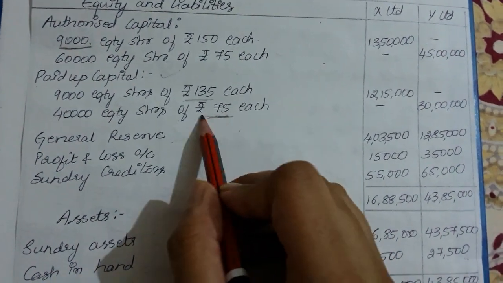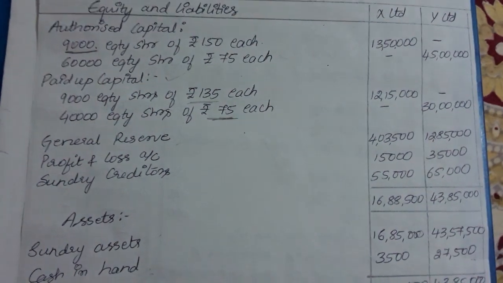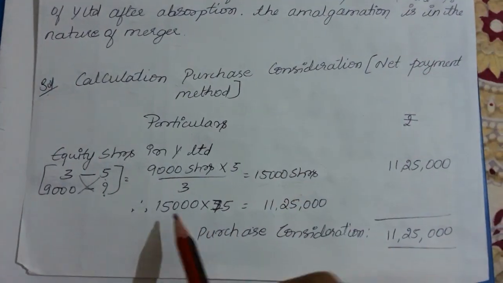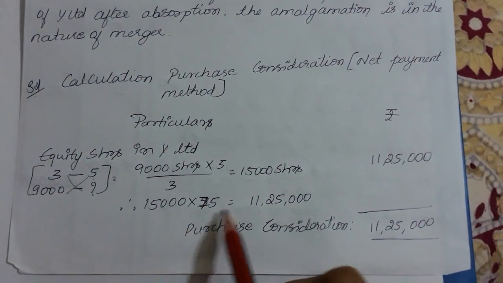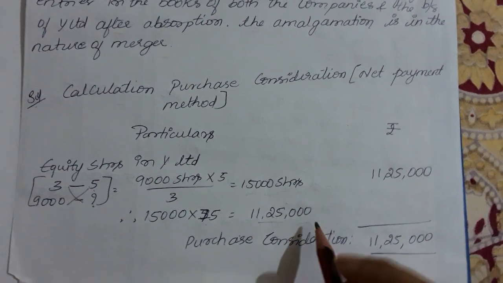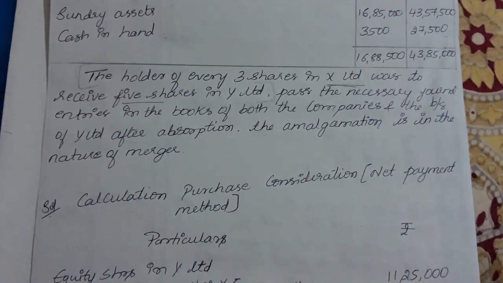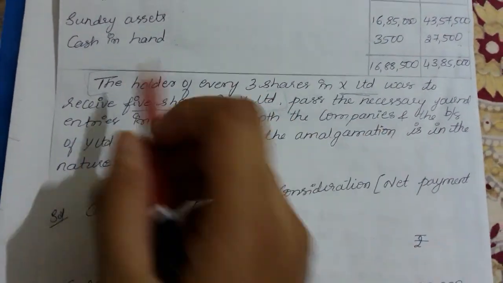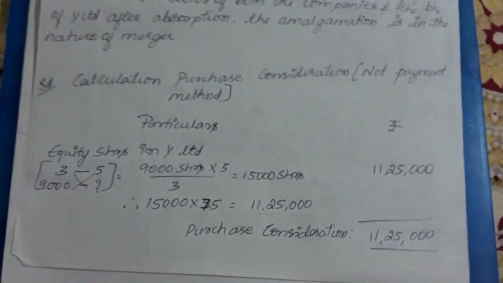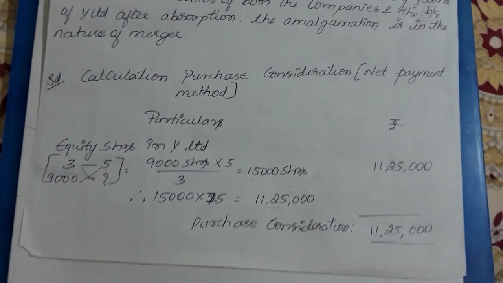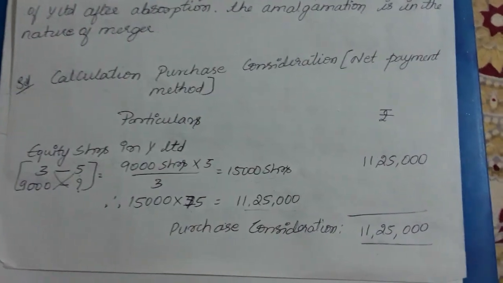The face value of Y Limited is rupees 75 each. Therefore 15,000 into 75, 11,25,000 is the purchase consideration. There is no need to show discharge of PC, since it is already given. We calculated the purchase consideration, so the 2 steps have been completely done.